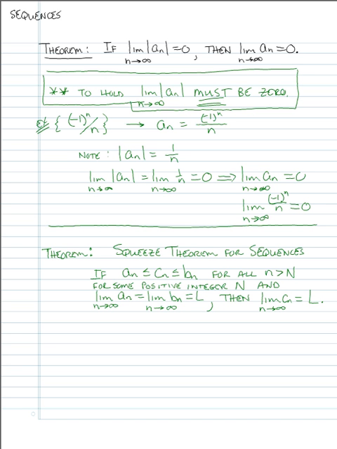If the limit of the a sub n sequence is the same as the limit of the b sub n sequence, and that's equal to L, then the limit of the c sub n sequence also has to be L. After all, the c's are always between the a's and b's, and if the a's and b's are getting closer and closer to some number L, then the c's are squeezed in between. They would have to also get close to that same L, wouldn't they? So that's called the squeeze theorem, and I'll show you later how we apply that in a particular example or two.